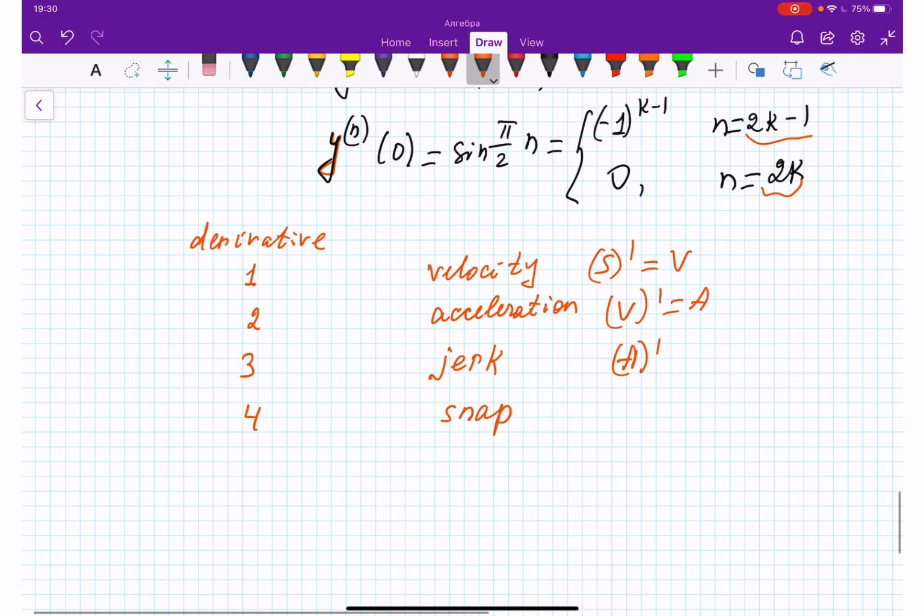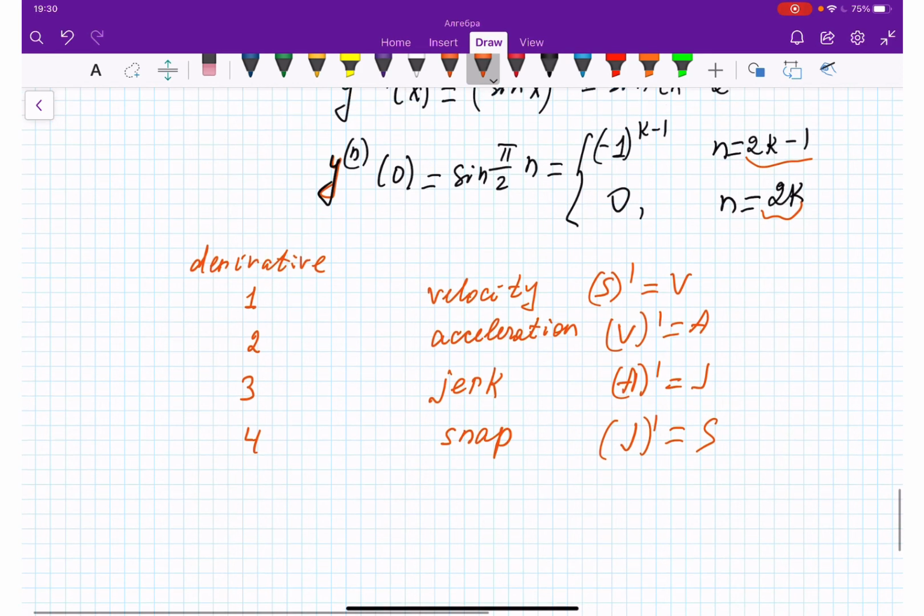Let me mark it down as J, and J prime is going to be our snap. So these four derivatives have meaning and importance, and they are known as velocity, acceleration, jerk, and snap. And the further orders of derivative we use as we need.